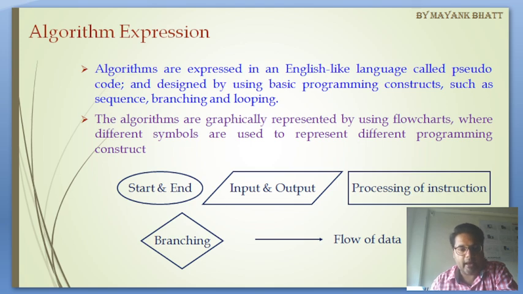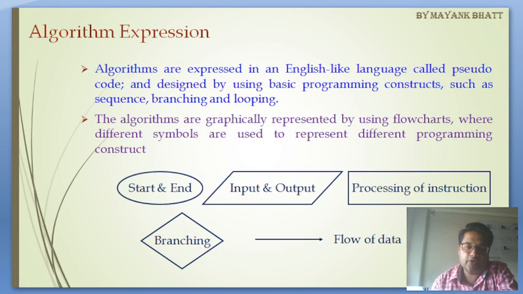While we are using flowcharts, we have to use some different types of symbols like ellipse, parallelogram, rectangle, and diamond, and some directed arrows. So here in the slide you can see that the ellipse symbol we are using is only denoted for the start and end, or beginning or end, of the algorithm.